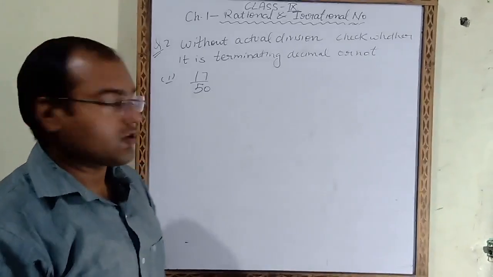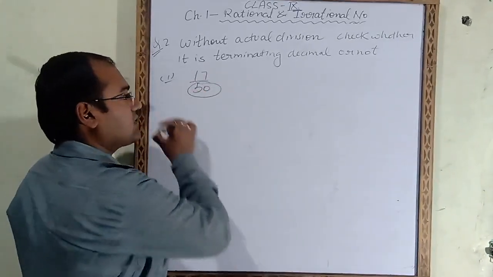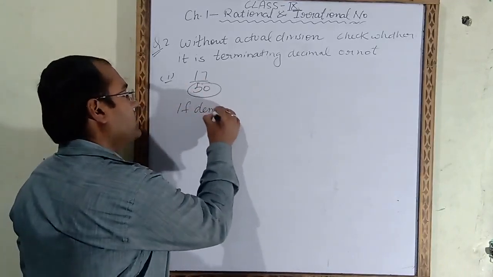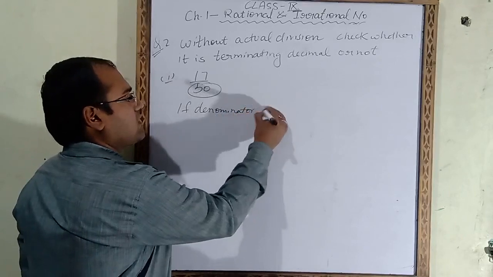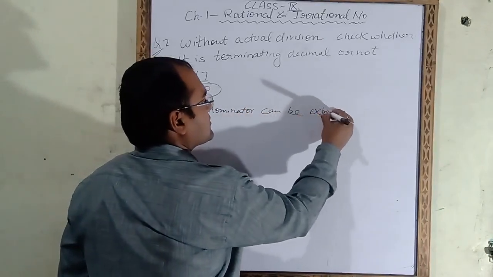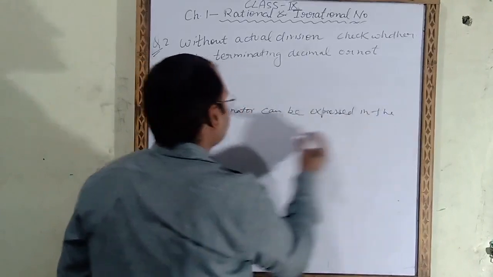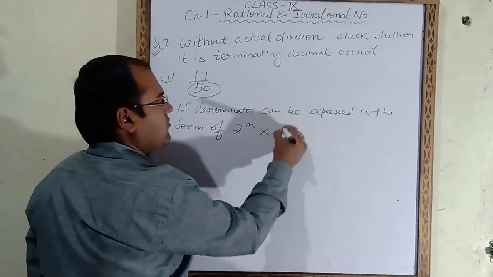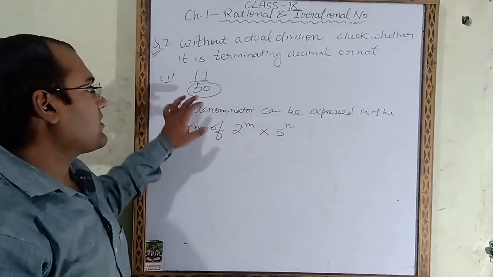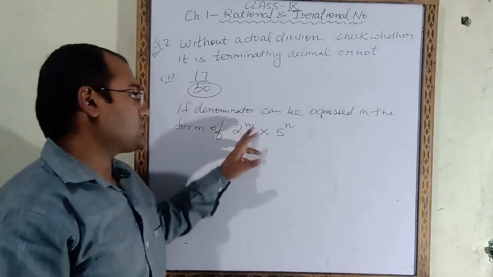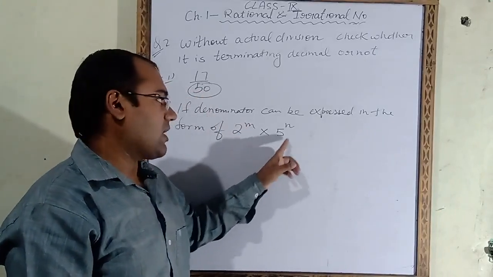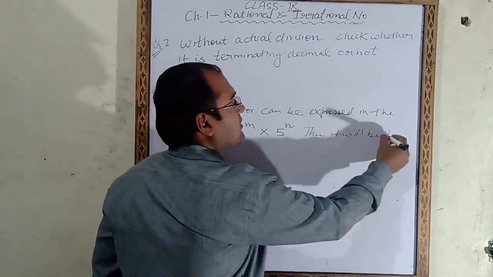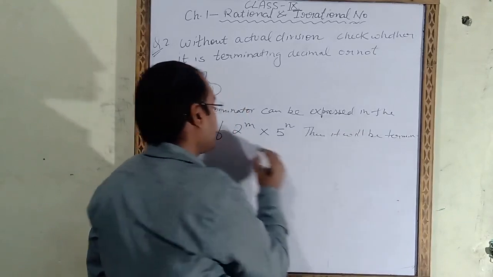So in such a case, what you have to remember: if the denominator can be expressed in the form of 2 raised to the power m into 5 raised to the power n, then it will be terminating.